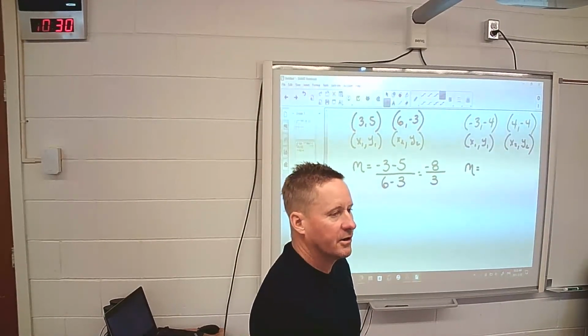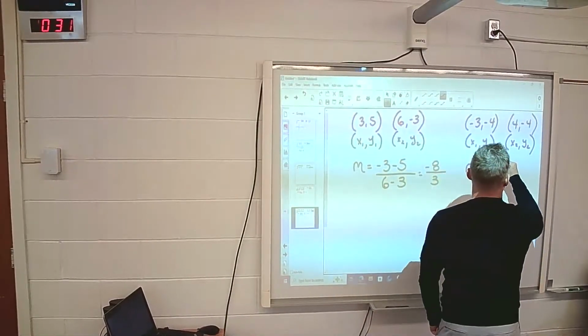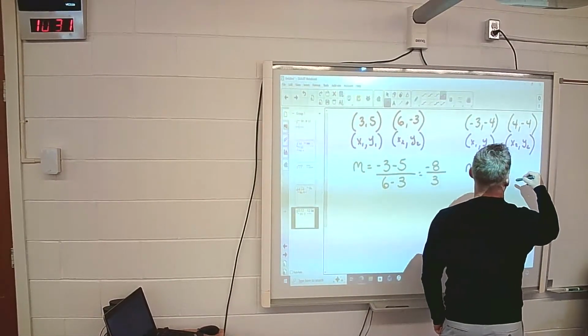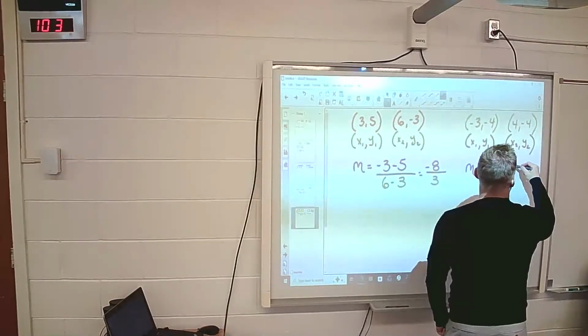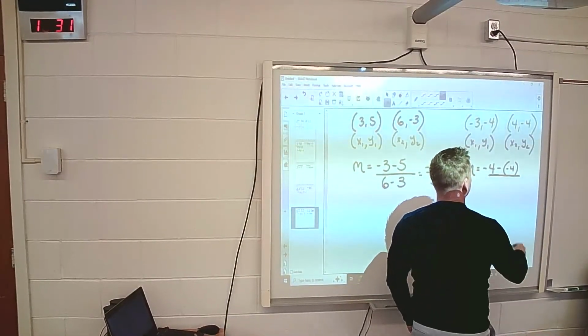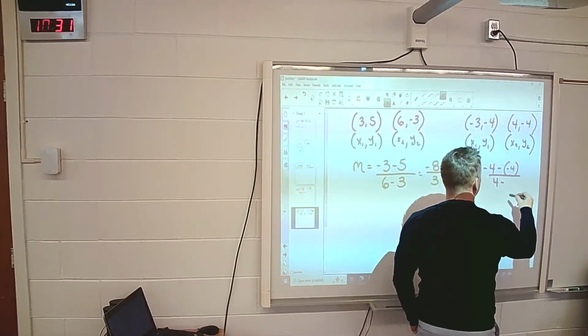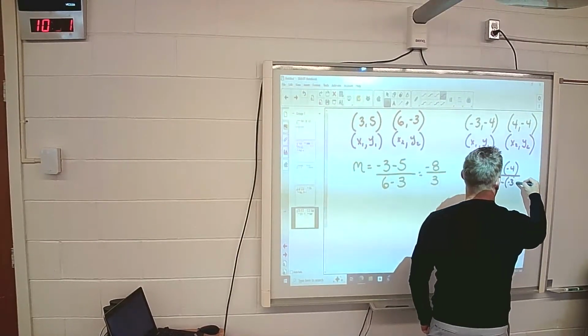What is y2? Negative 4. Subtract y1, which is also negative 4. x2 is 4, x1 is negative 3.